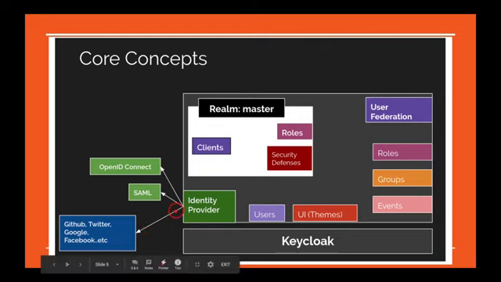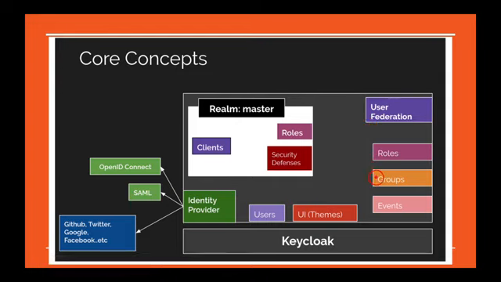After that we have user federation, roles, groups and users, and here we have a realm master, which is the default. If you are creating an application, we have to create one realm, and this realm takes care of the clients and the roles.